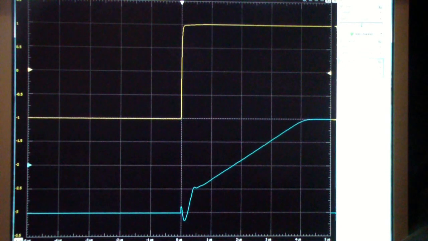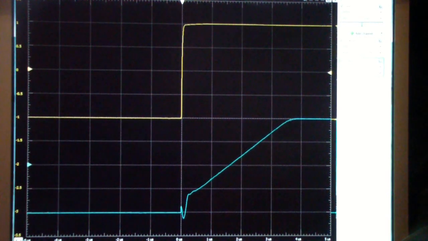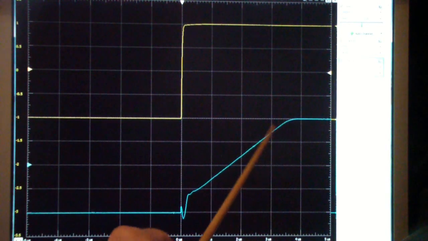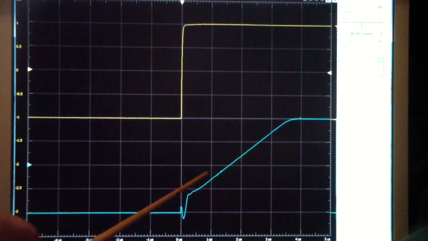Let me go back now to 10 volts, 10 volt supplies, and I am using external power supplies for this so that I could vary this easier and also so I could go to a higher value than the Analog Discovery allows me to do. You see now the slew rate is a bit faster, and that's not uncommon.